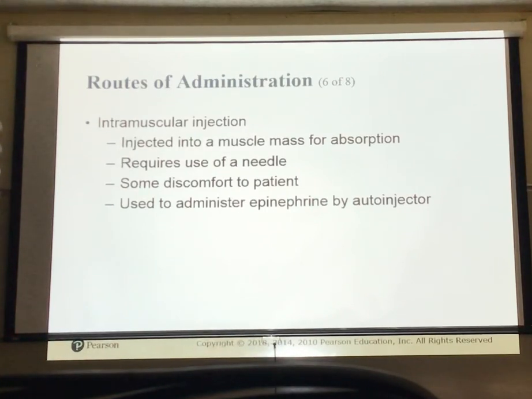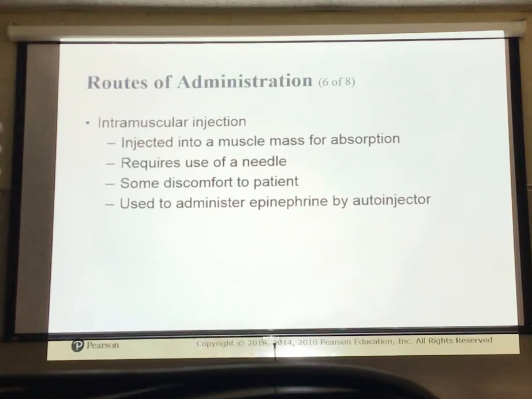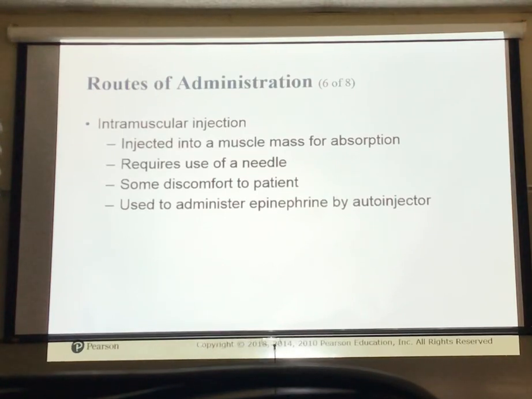The medication can only be injected in specific muscle groups. All right? These are usually your big muscle groups, your thigh or your upper arm. Okay, those are your biggest muscles. Some of these are going to be your EpiPen and Narcan.